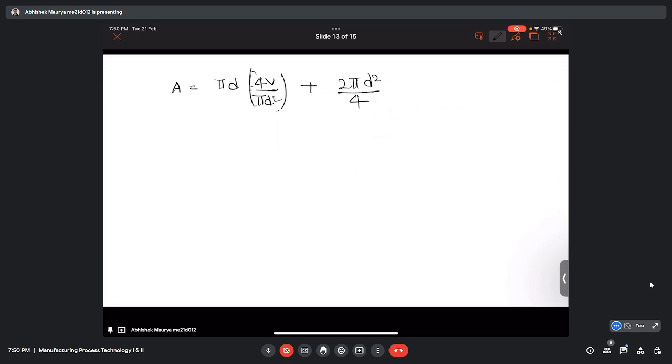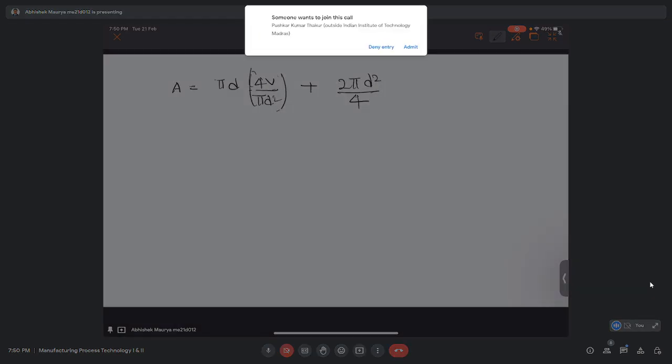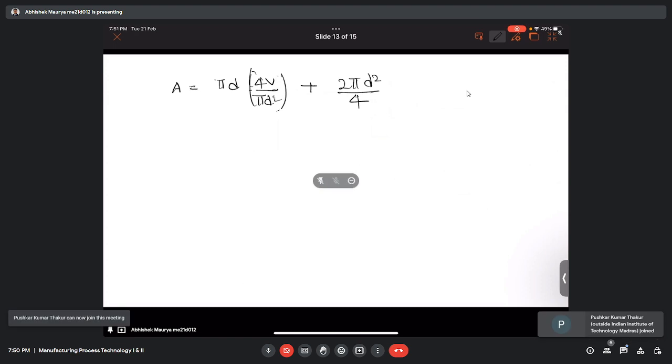So what we are doing here is designing the riser, and we know the shape is cylindrical, but we are trying to find out what should be the relation between the height of the cylinder and the diameter of the cylinder.